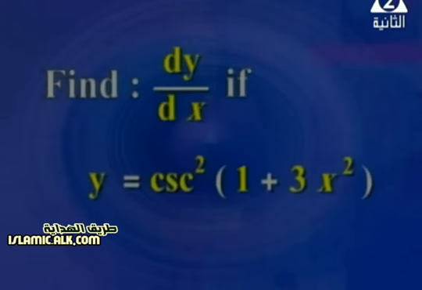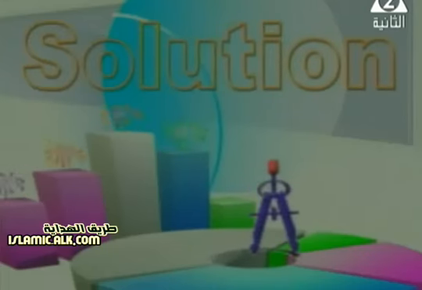Another example. Find dy over dx if y equals cosec squared of (1 plus 3x squared). Solution.